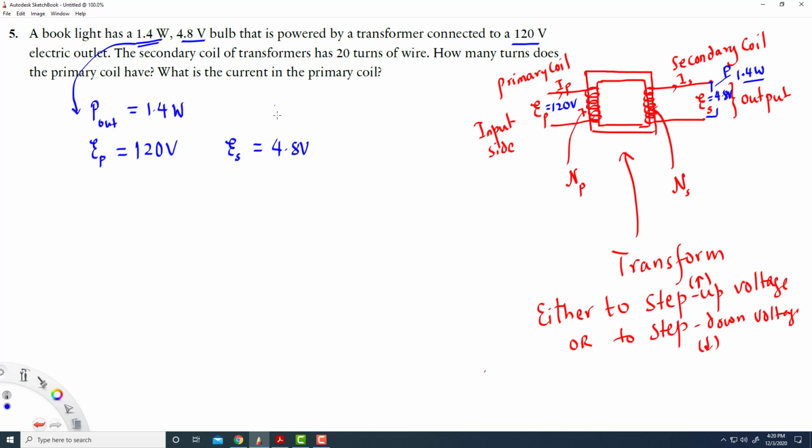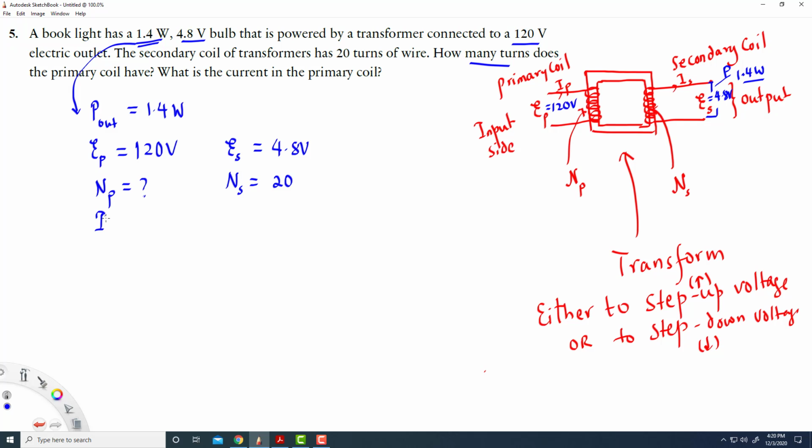The secondary coil has 20 turns, and we want to find how many turns the primary coil has. So we want to find NP, and we also want to find the current in the primary coil.